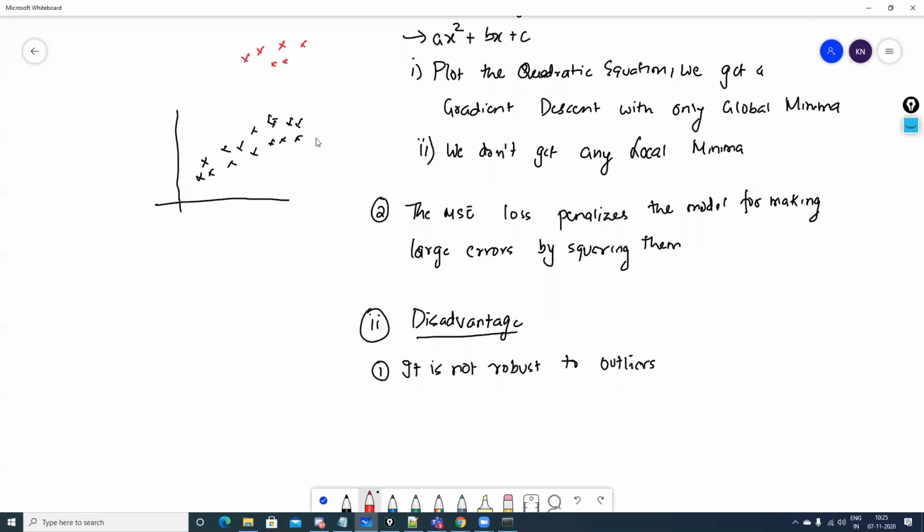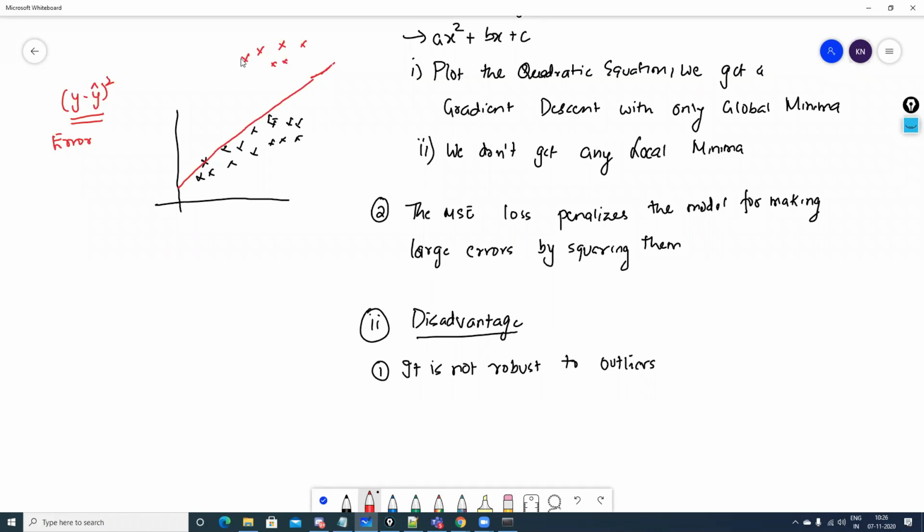Since we are doing squaring, y minus y hat whole square, if I draw a linear regression line, with this kind of outliers you can see this distance, this error value.